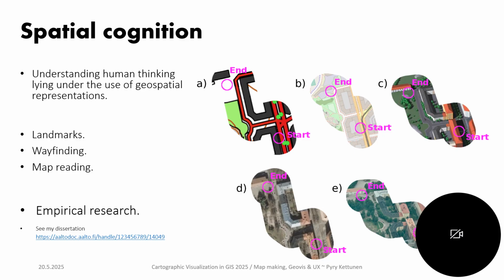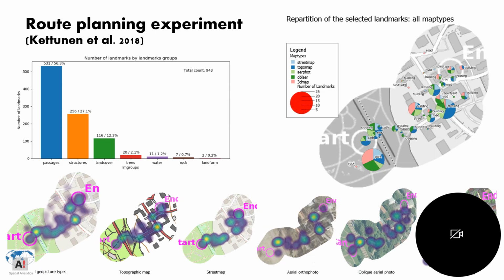This has been one of my personal interests, although very difficult to study and find funding. But I did some of that in my dissertation, so that's something if you are interested in that kind of topic. And then these days we have so good tools to do the analysis of how people read the maps.